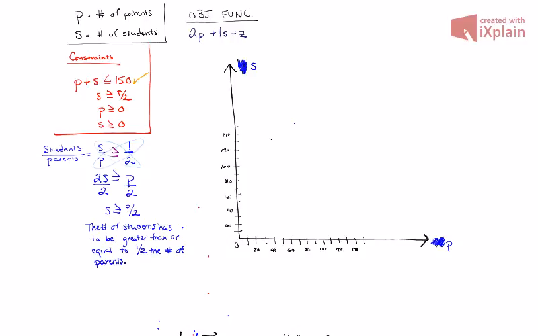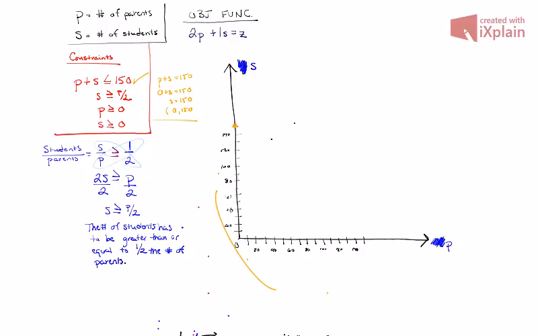So if I were to plug in 0 for p, then I would have s is equal to 150. So I'm just going to evaluate these as if they have an equal sign in them. So if I put 0 in for p then I have s is equal to 150. So one of my points will be at 0, 150.